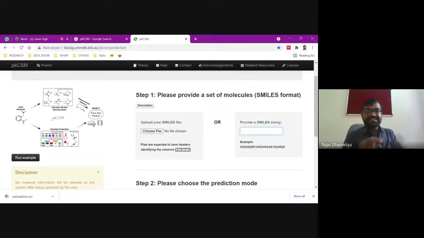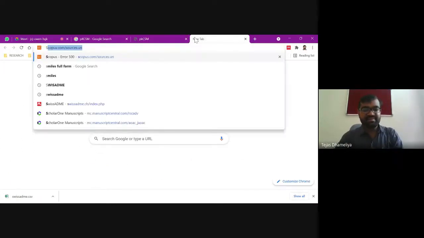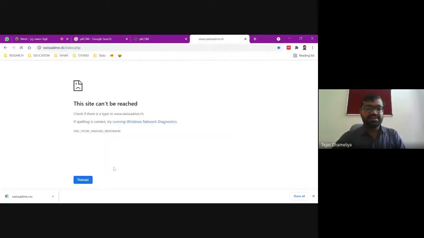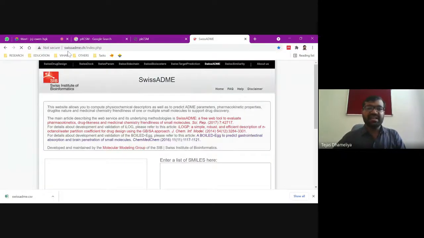Whatever SMILES you have generated with the help of Swiss ADME, you put over here. I'm going to use one of my SMILES which I have used previously, because it is there in my search history. Otherwise, you open Swiss ADME, convert the molecule, generate the SMILES, and then copy that generated SMILES.